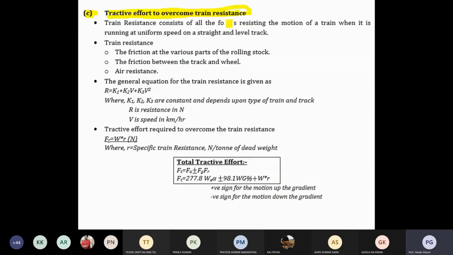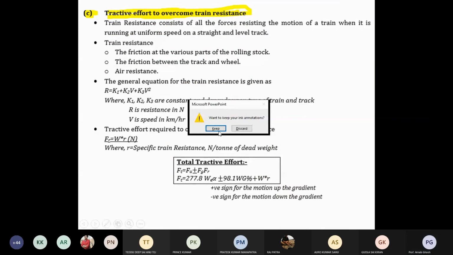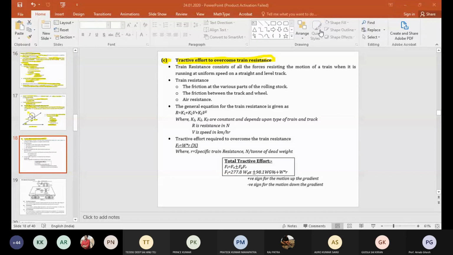First you need to know what train resistance is.